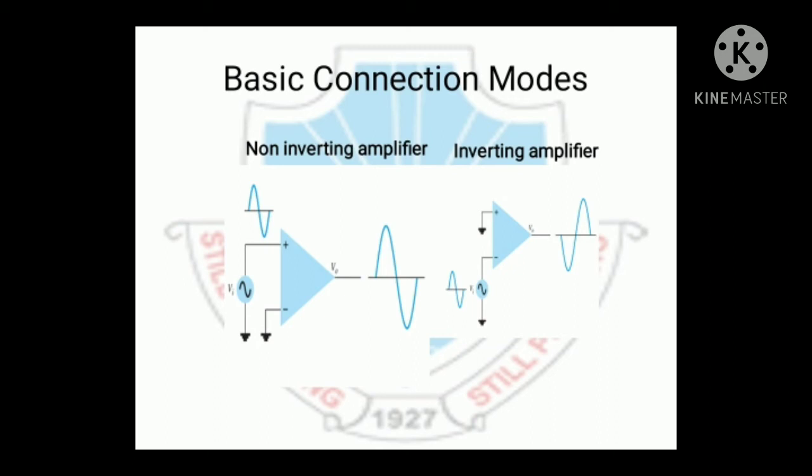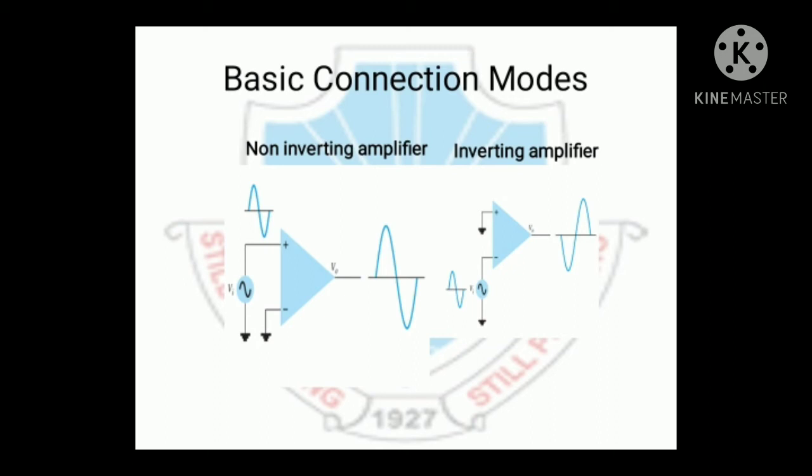Basically, if you apply the signal to the non-inverting terminal, which is shown as the plus terminal, then it is called a non-inverting amplifier. The other terminal, which is the inverting terminal, is grounded.